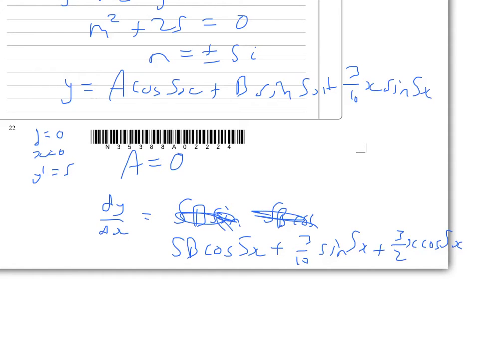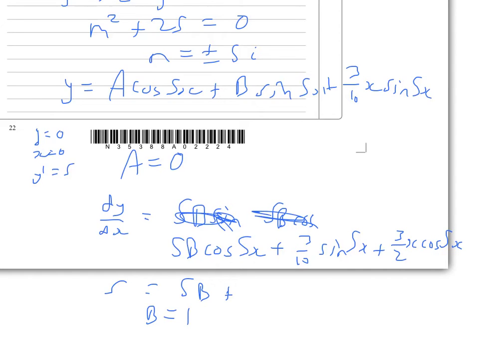Now we know when x is 0, dy by dx equals 5. So when x is 0, this is 5b and 1.5 times 0, so 5b, so b equals 1.